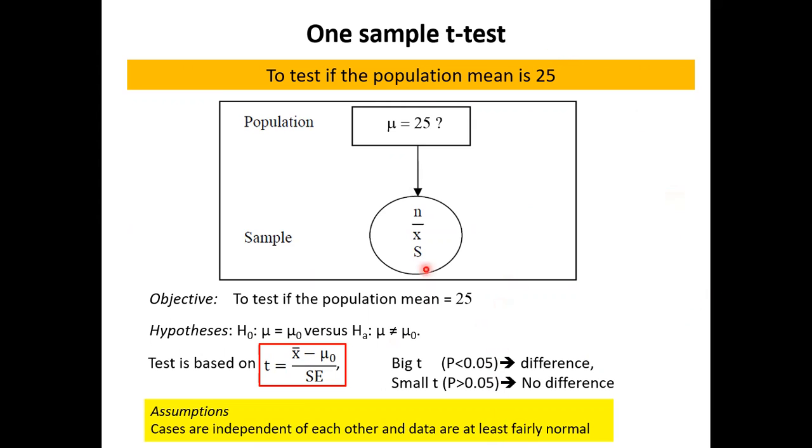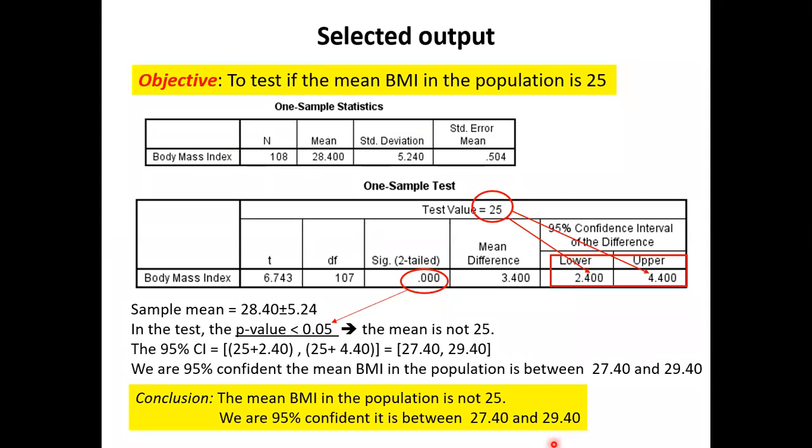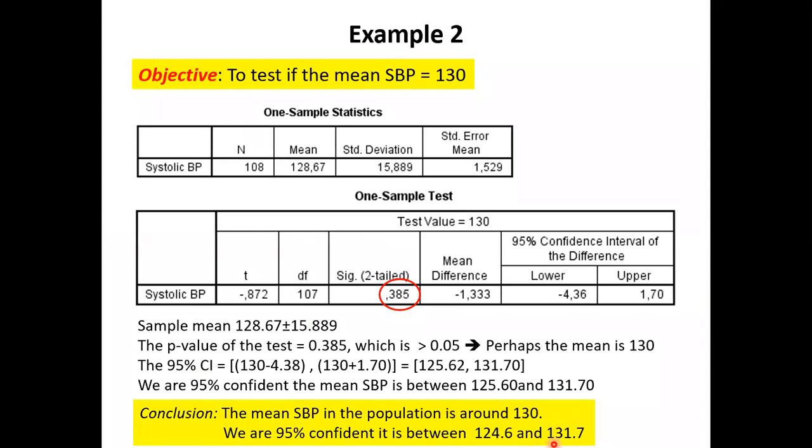For the one-sample t-test, the data must be fairly normal. BMI was normal, SBP was normal, we went ahead. When you try triglyceride, it's not normal. So we cannot test the mean. You must test medians. Are we clear?